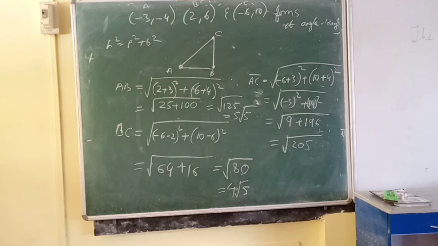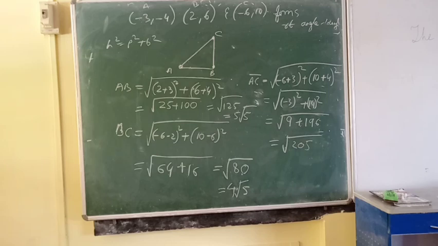So AC is root 205. So be very conscious. Whenever such types of questions come in your exam, you verify it. One single mistake can force you to lose marks.